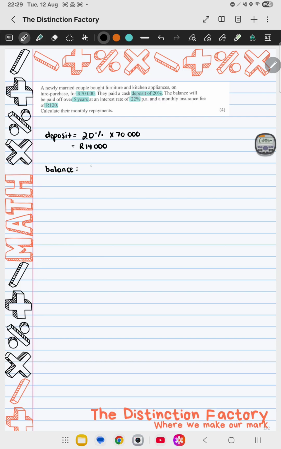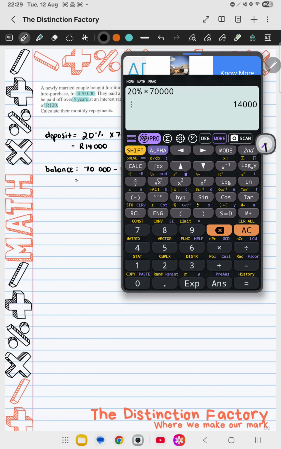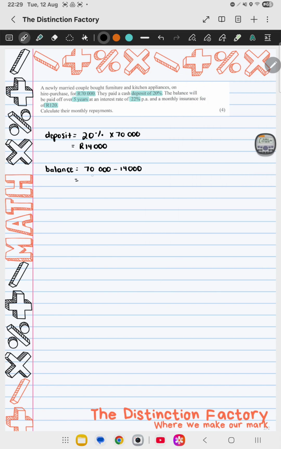In order to calculate your balance, you are going to take the cash price of 70,000 and subtract the amount that you already paid, which is the deposit of 14,000 Rand. 70,000 minus 14,000. Giving us 56,000 Rand that is still owing.